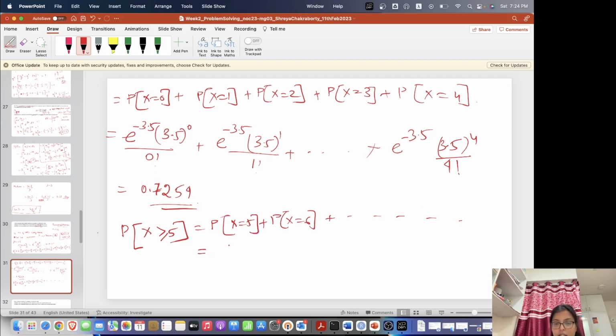Or equivalently, what we can do is, this can be 1 minus probability x less than or equal to 4. And this is what we have calculated in the previous step. So it will be 1 minus 0.7254, which is 0.2746, and this is the answer.